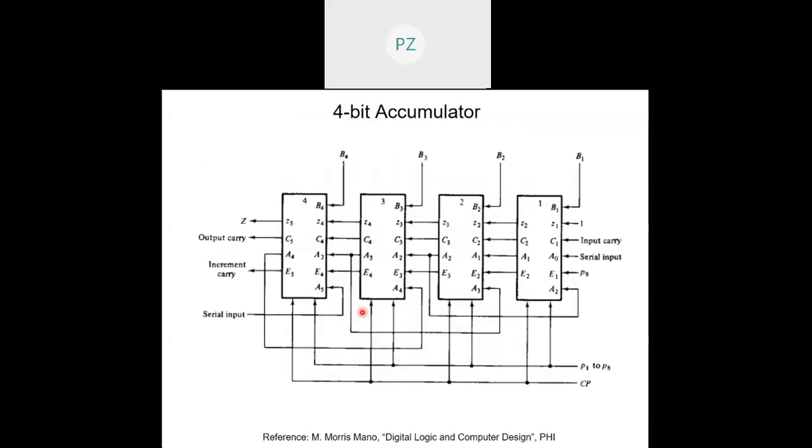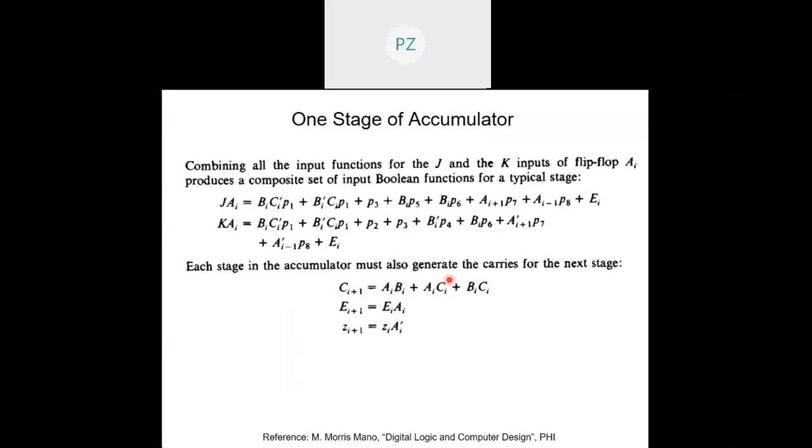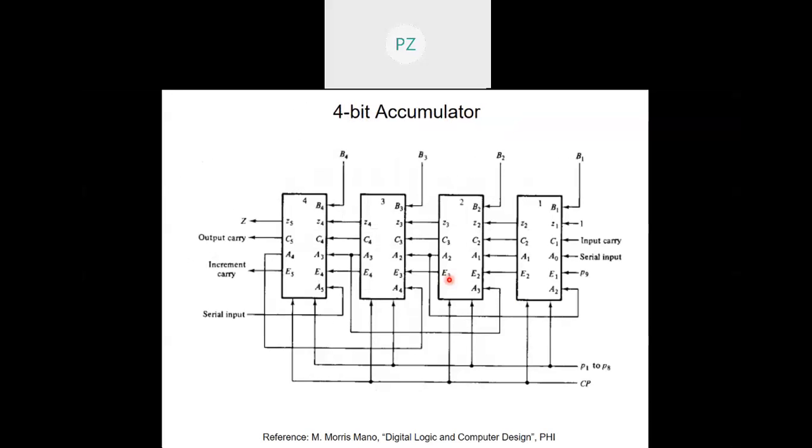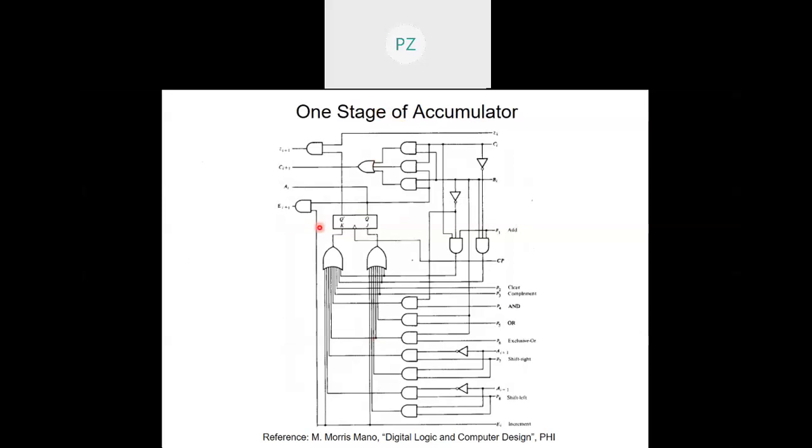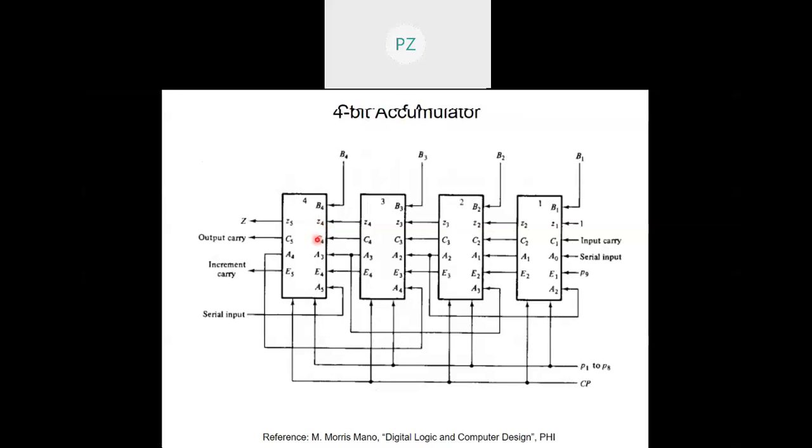So four outputs, Z3, C3, A2, E3. Okay, fine. So from this stage it will go to this stage then, right? So inside you will have the entire circuit. This entire circuit will be inside this block.